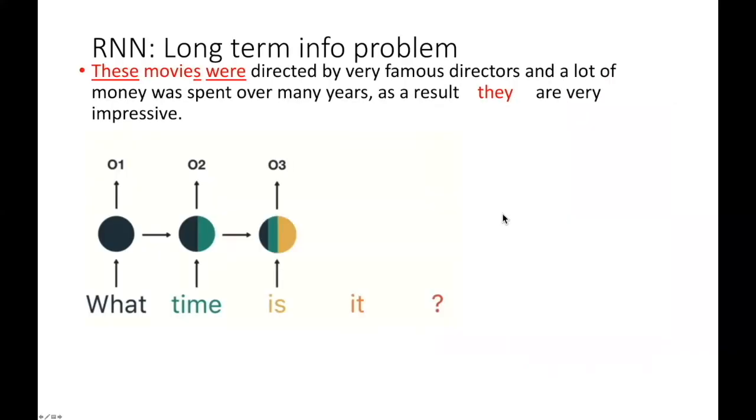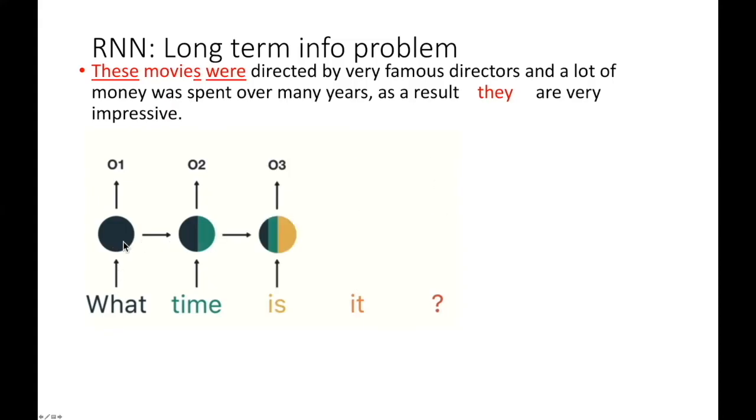All right, so RNNs suffer from something called the forgetfulness or long-term information problem. What happens is, if you notice, the RNNs keep taking the input at each time step and adding it to their hidden state, and at every time step the input which came far back will keep getting a smaller and smaller representation in the hidden state.